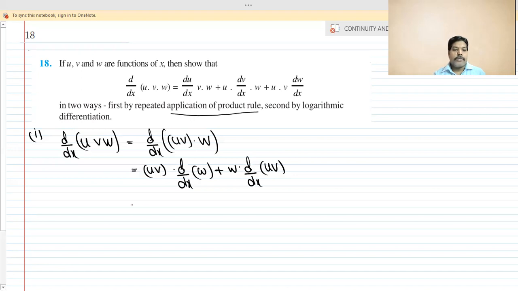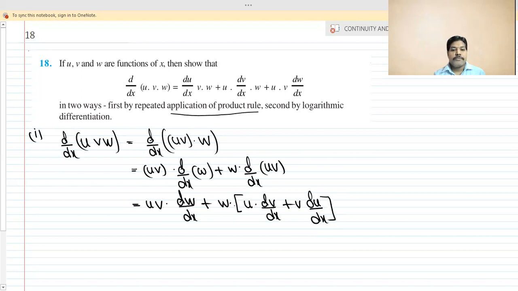So uv into the derivative of w is dw by dx, plus w into the uv formula, students. What is the uv formula? u into dv by dx plus v into du by dx.